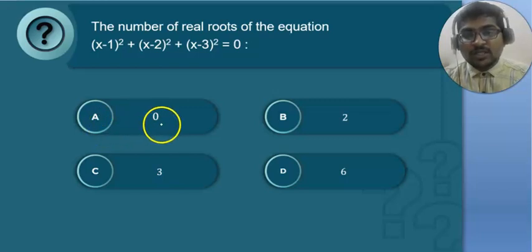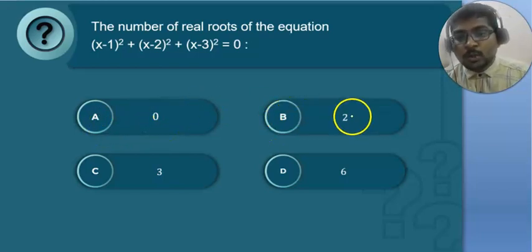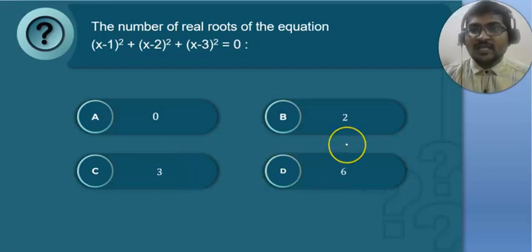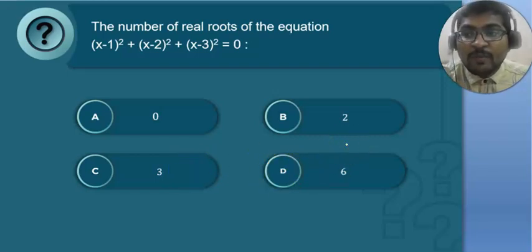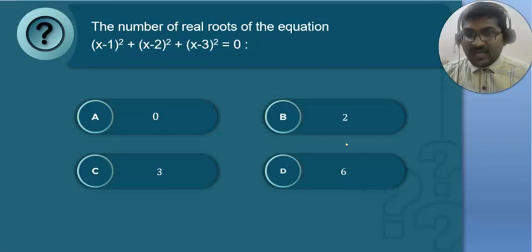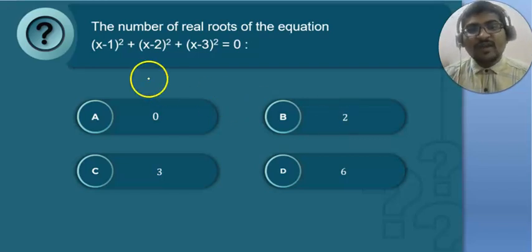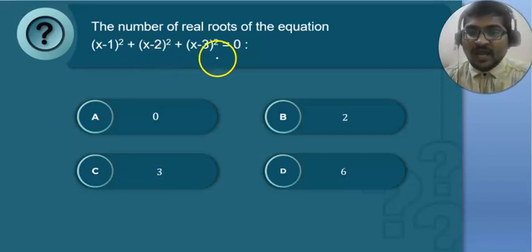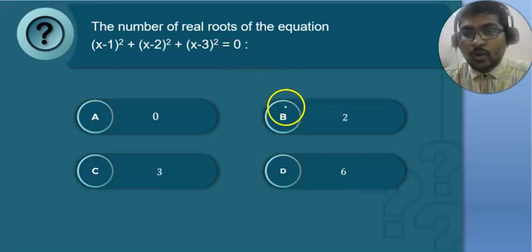Option A 0, option B 2, option C 3, option D 6. So here the equation is given, x minus 1 whole square plus x minus 2 whole square plus x minus 3 whole square is equal to 0.